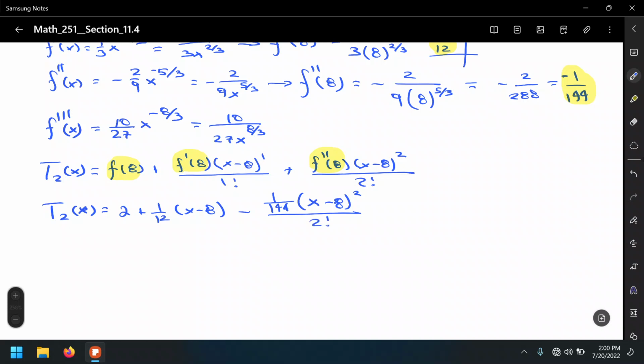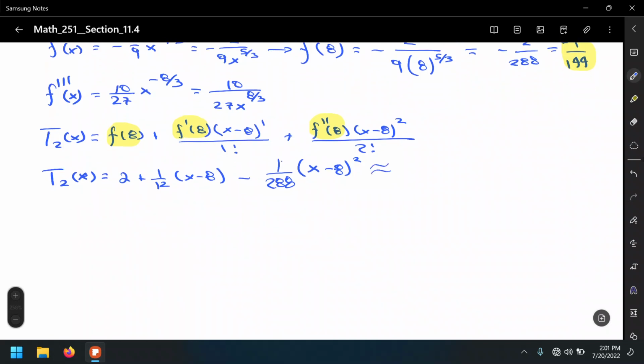But dividing 1 over 144 by 2 is the same as multiplying the two numbers in the denominator, isn't it true? So let me fix this instead. That's going to be 1 over 288. All right? So that's our T sub 2. This means this is approximately the cube root of x using only the second degree polynomial.